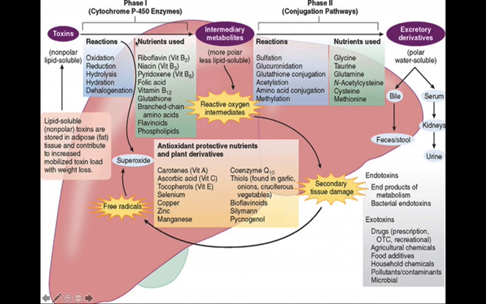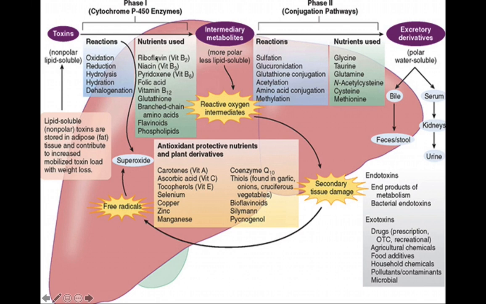Okay? And in this phase, you see there's a lot of different biochemical reactions of oxidation, reduction, hydrolysis, and in phase 2, in the conjugation pathway, sulfation, acetylation, glutathione conjugation, methylation, we've heard that word before.